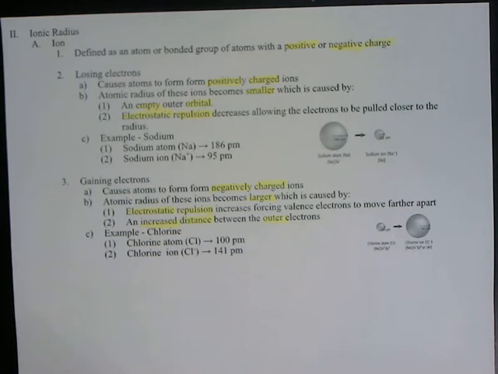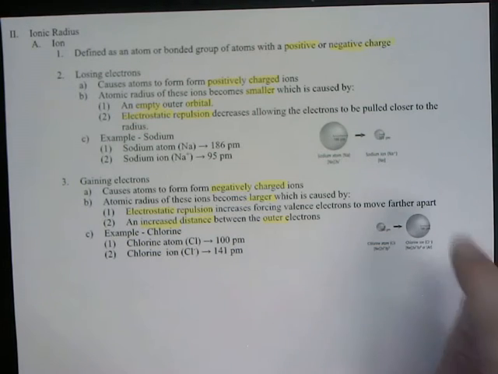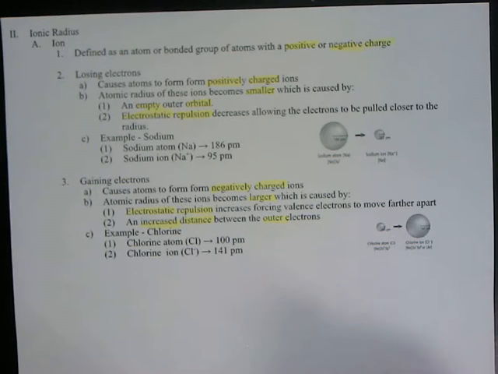Now, if you gain an electron, you are going to form a negative charge. Again, you're adding a negative charge. Now, as you add more and more things, it's like gaining weight, you will get larger. And so when you gain electrons, the ion becomes larger. And you can see the sodium and chlorine examples in these particular photos.